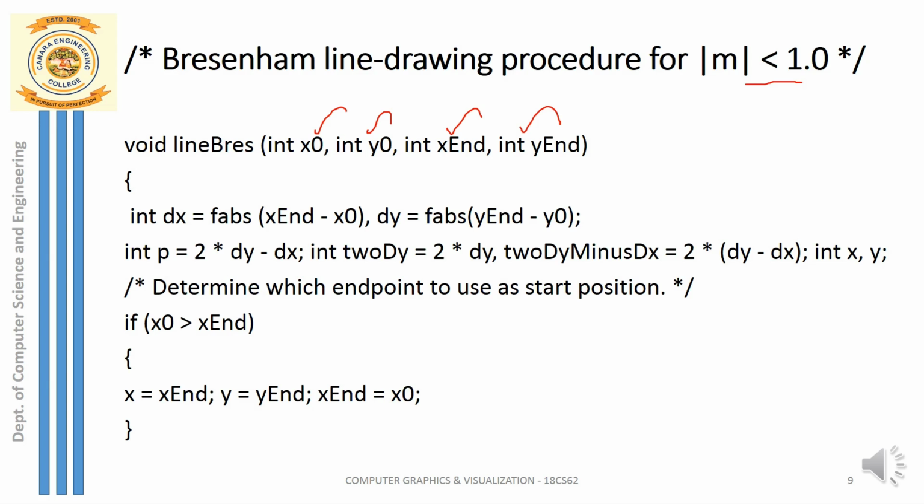Okay, these are the 4 input parameters that you're going to pass here, and now you can calculate the delta x and delta y over here. So what is delta x? Anyways, we know x end minus x naught, that is the rightmost x coordinate minus the leftmost x coordinate, and dy is y end minus y naught.